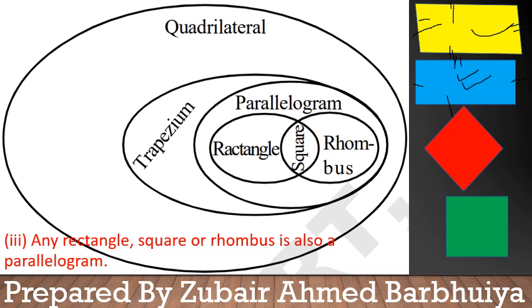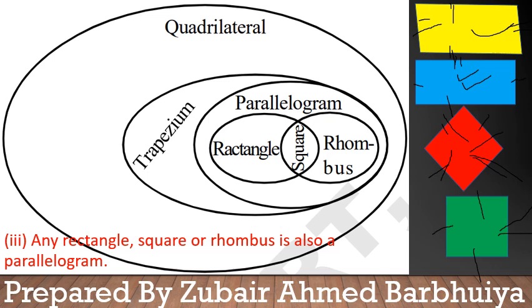Now the rhombus has all sides equal, and each pair of opposite sides is parallel, so it is also a parallelogram. Now the square, this side parallel, this side parallel, so it is also a parallelogram.